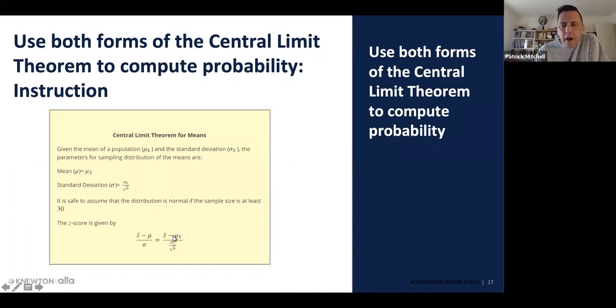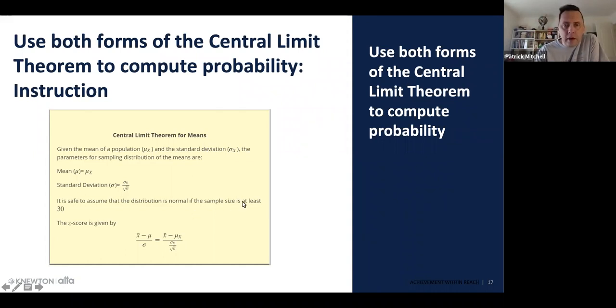It follows the same format though. Value from the distribution, this is the mean of the distribution, this is the standard deviation. So this is how you're going to calculate your z-score when you're using central limit theorem for means.